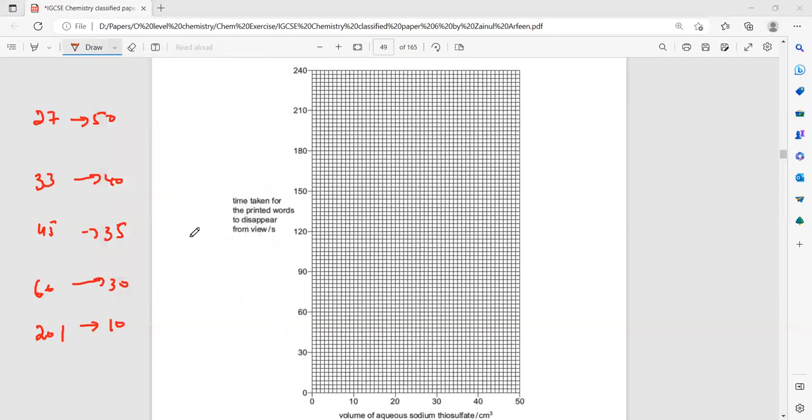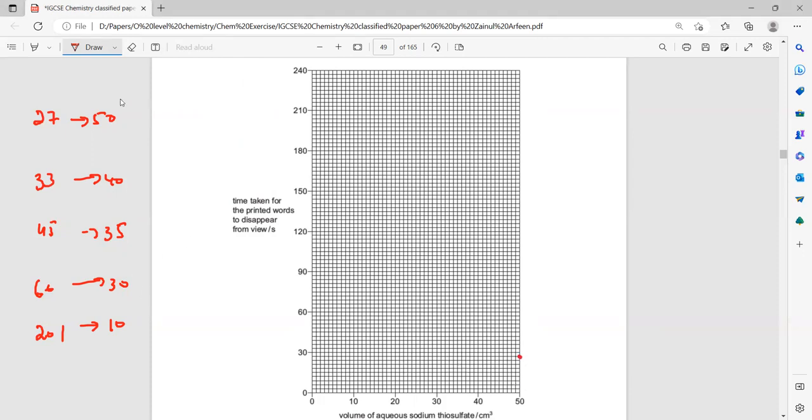At 50 it is 27. Here there are 10 boxes representing 30, so each box is representing 3. So 27 will be just below 30. So 50 and 27.